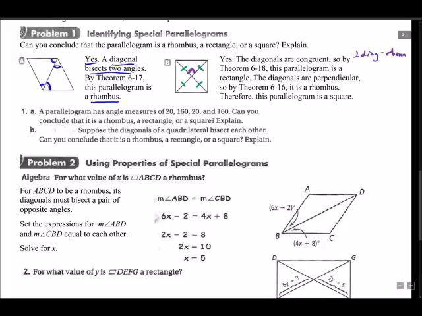But these diagonals are not only bisected, but they're also congruent. So we have congruent diagonals as well, which is our friend the rectangle. So we have properties of a rhombus and a rectangle. So what's that going to do for us? If you are a rectangle and a rhombus, then you are a square.